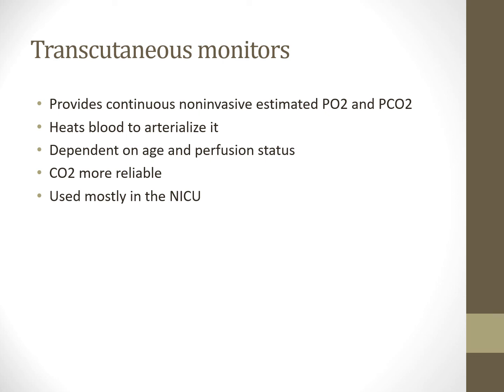That's why the CO2 is more reliable. Remember, it's a hypermetabolic situation, but that means we have vasodilation, which means we get more perfusion to that area, which means we can actually get a better look at how much CO2 is actually going on in the bloodstream. More common on the pediatric and neonatal side of things than the adult side, because the adult side usually doesn't have as much accuracy.